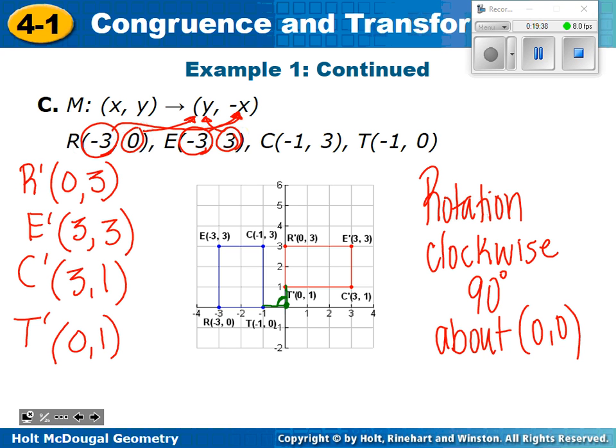I want you to think about that graphically and see if this will help you come up with going the other direction. So if I'm going clockwise 90 degrees, if I have a point right here, (x, y), anytime you rotate, you're going to switch your x and your y. Anytime. So this is going to become (y, x).